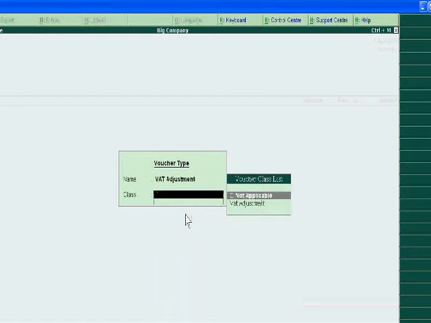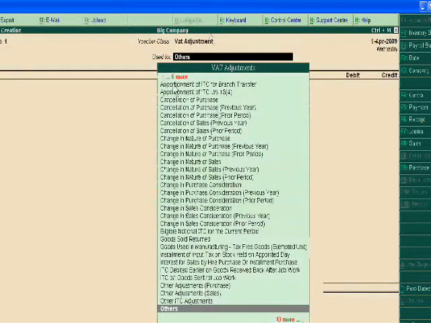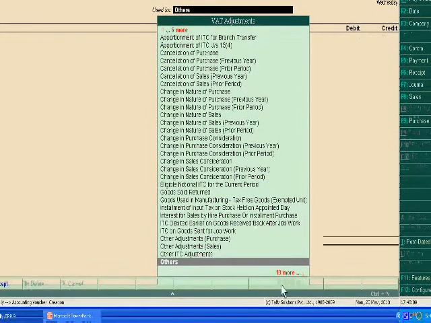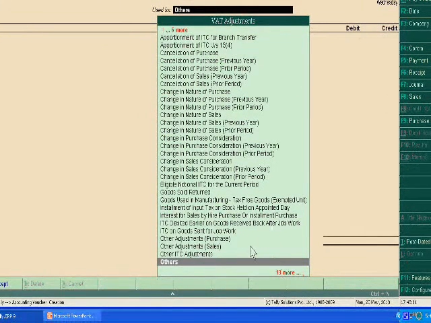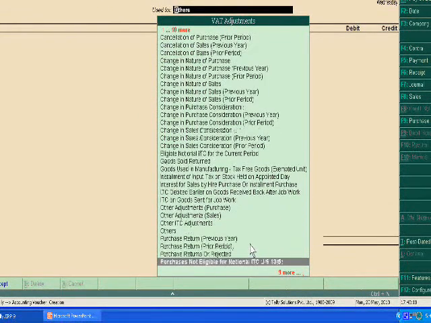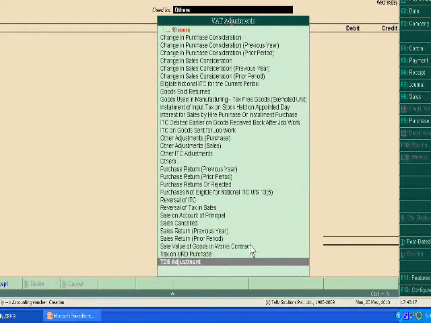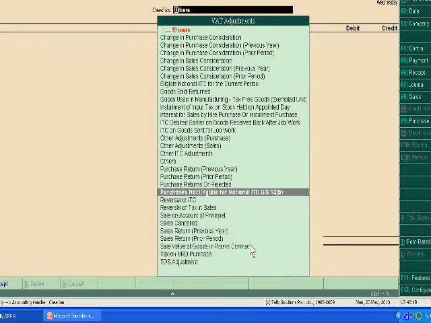Enter. Now these are the main adjustments, about 19 adjustments. You can see there are lots of VAT adjustments. In the next lectures I will teach you how we can adjust that.